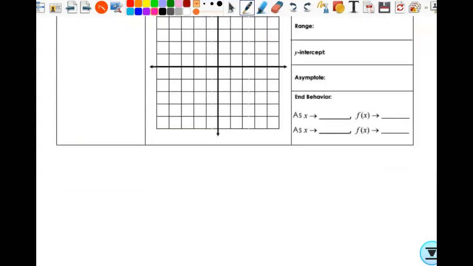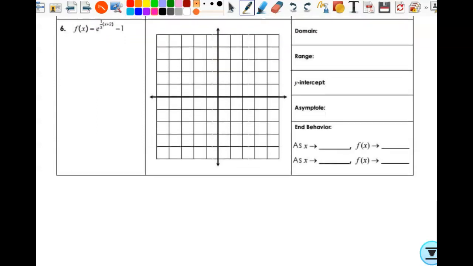Do another e one. So I get f of x is equal to e to the x. It's going to look like this. The 1/3 means it's a horizontal what? Stretch by 3.